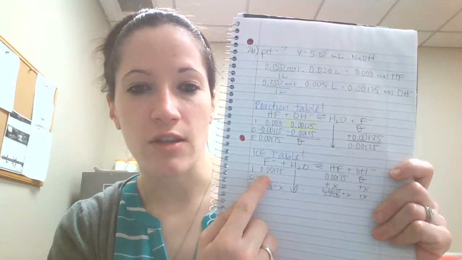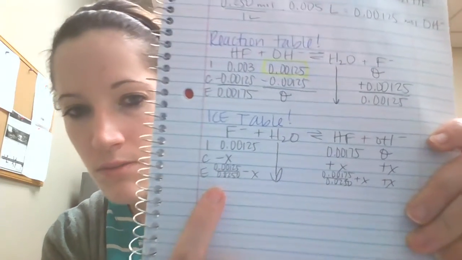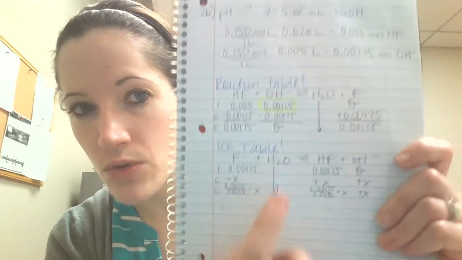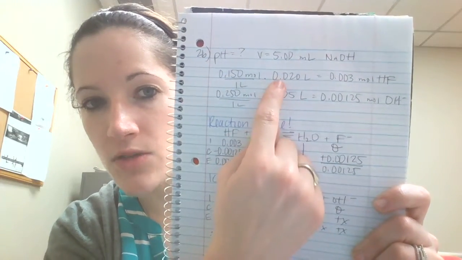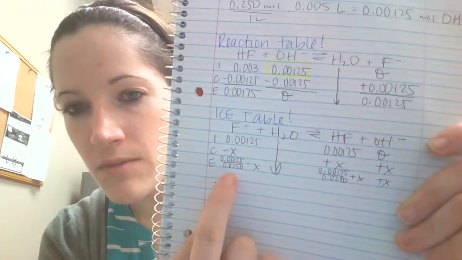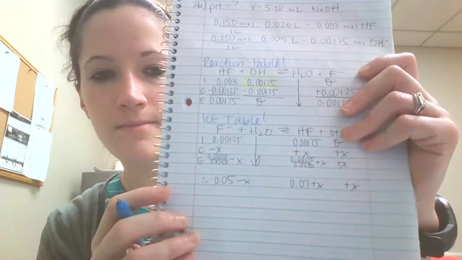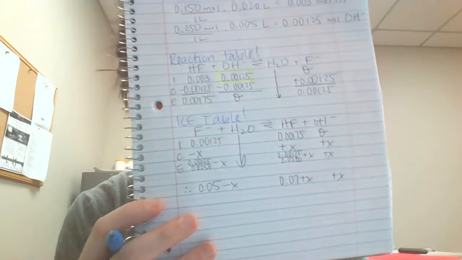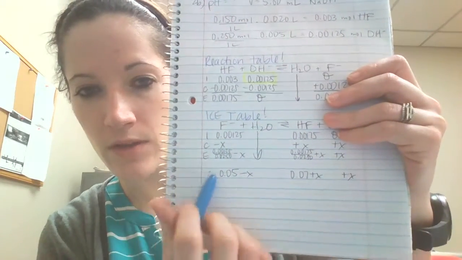Now the only thing is up here I calculated moles, so on the bottom I'm now switching back to molarity by dividing by the new total volume. So I had 20, I added 5, meaning my new volume is 25. When you convert that to liters, it's 0.025. So that means that my equilibrium row is actually going to be 0.05 minus X, 0.07 plus X, and X. Okay, so that's my equilibrium.